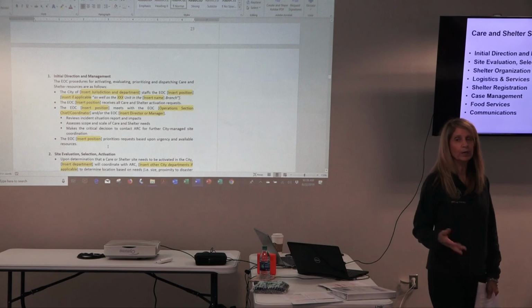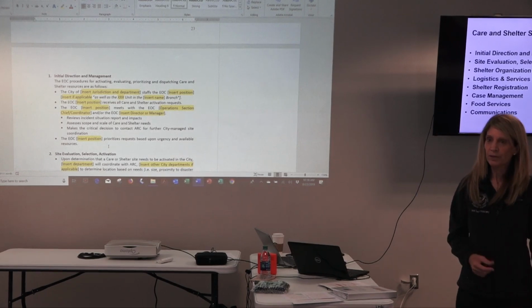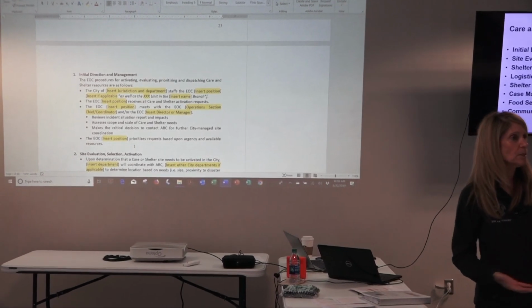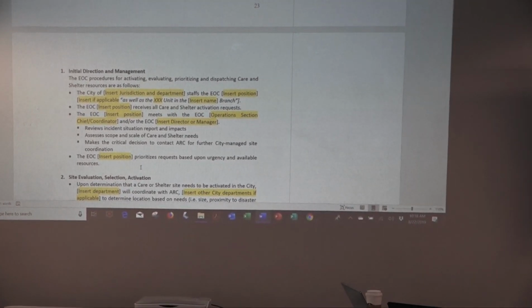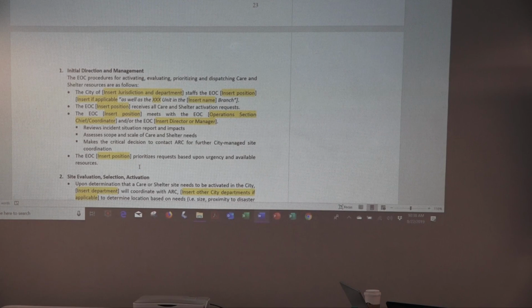And so this is where you're going to have to stop and think about, okay, if we activate the EOC and the EOC is providing that coordination support over the shelter to support people that are being evacuated, who sits in that position? What's the lead department? And what position do they fill? Because you need to place that into your plan. You're going to notice that the lead department for care and shelter functions in your jurisdiction is identified a number of different times.